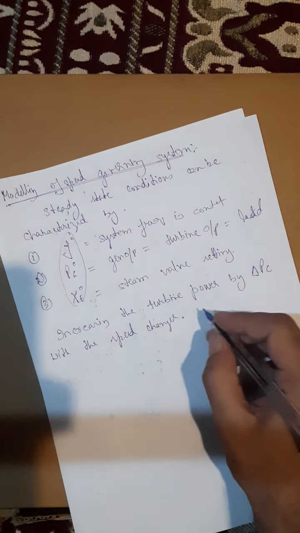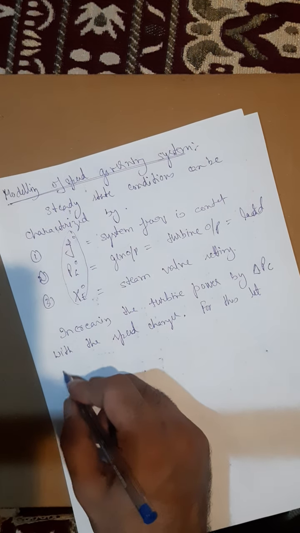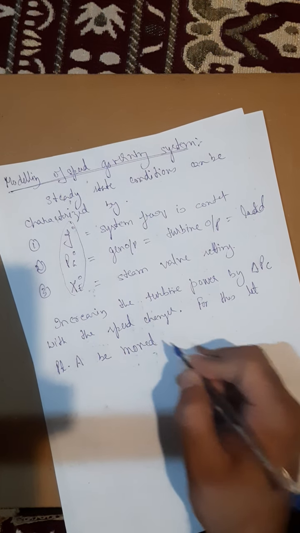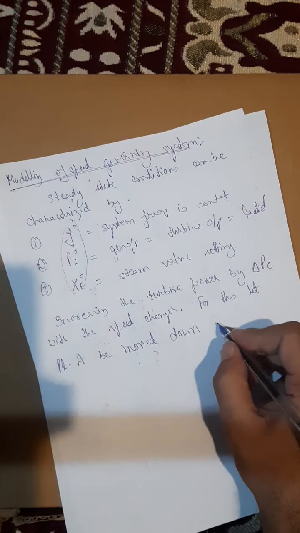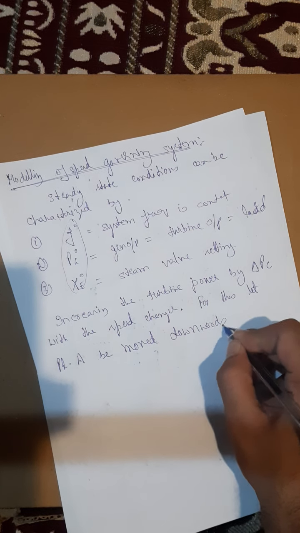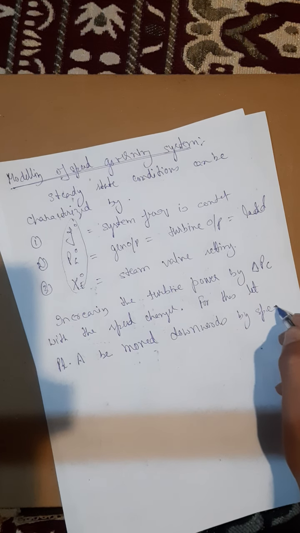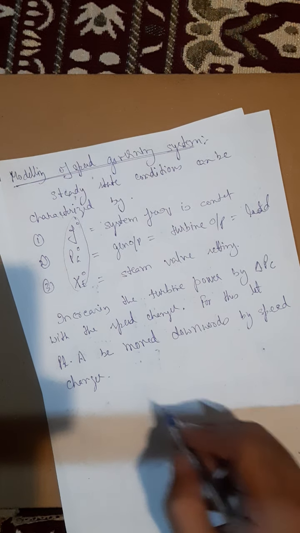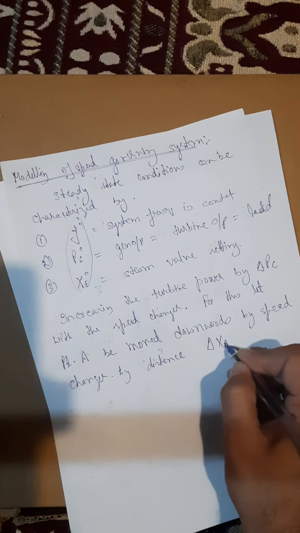So what I am doing, let point A be moved downwards by the speed changer, by distance delta XA.